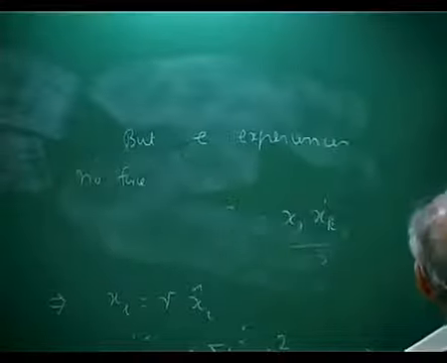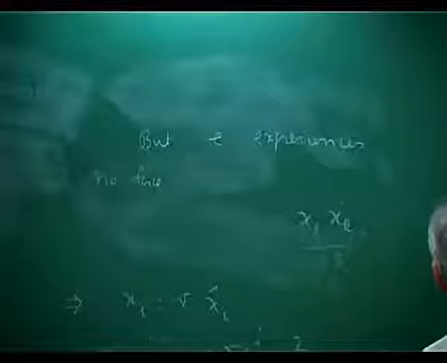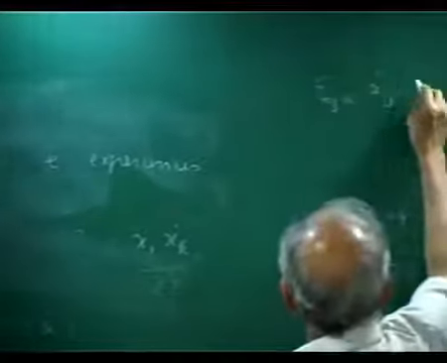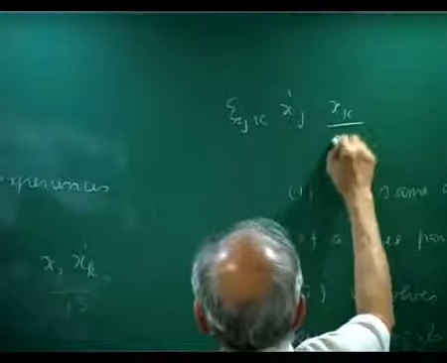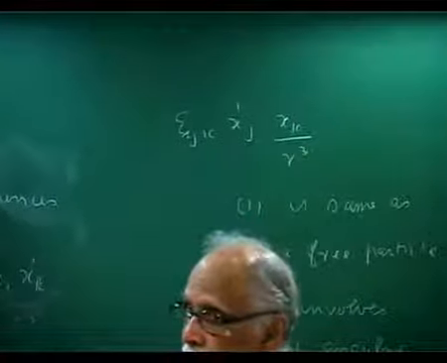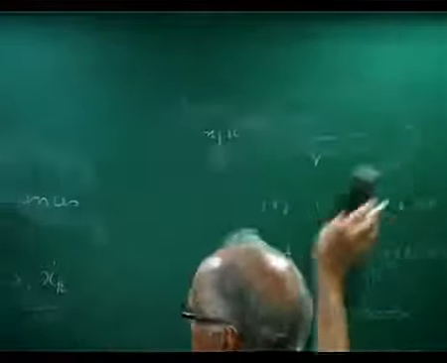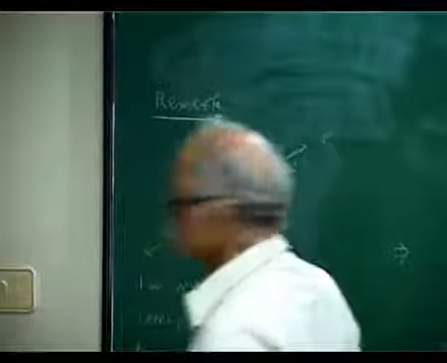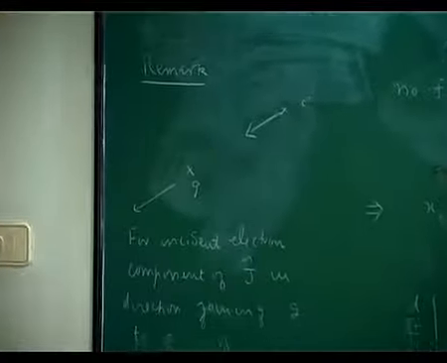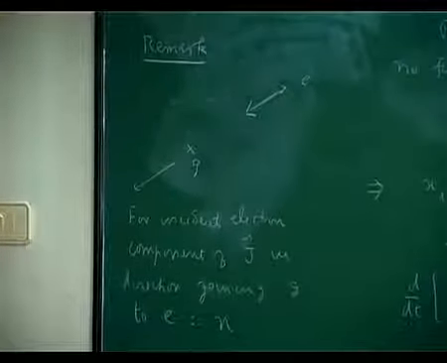In the equation of motion you had this force term, epsilon ijk xj dot xk over r cubed. So here position and velocity are parallel, so there is no force. The electron will go right through the monopole classically and emerge on the other side.